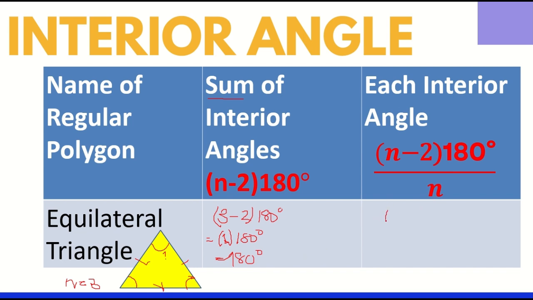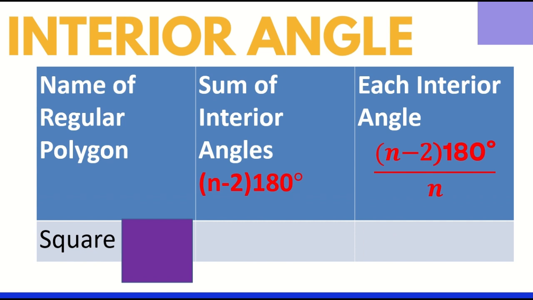Nahanap naman na natin yung nasa taas, right? So isulat na natin yan. That is 180 degrees, yan yung sum of the interior angles. And ilan yung n natin? 3. And thus, 180 degrees divided by 3 is equal to 60 degrees. Tapos na natin ang isang problem.